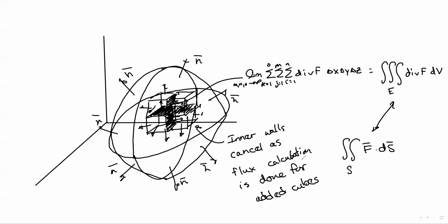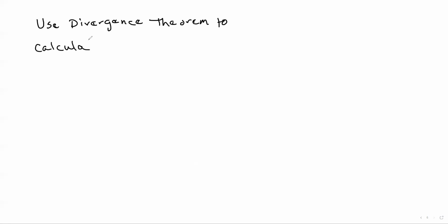All right, examples. So let's go through and do a couple examples. So the instructions here are to use the divergence theorem to calculate f dot ds over the surface.